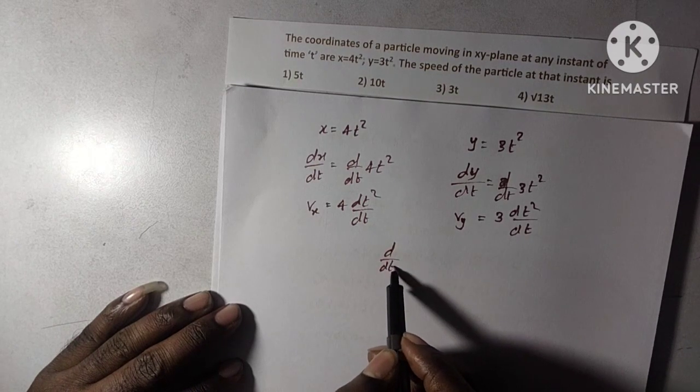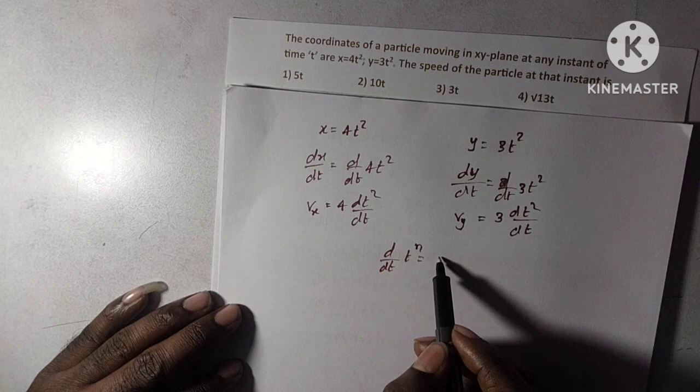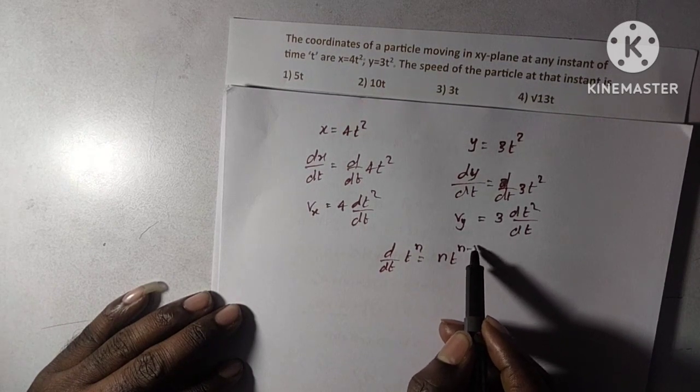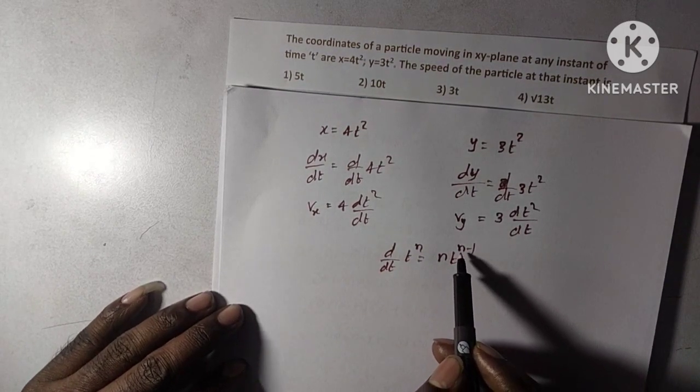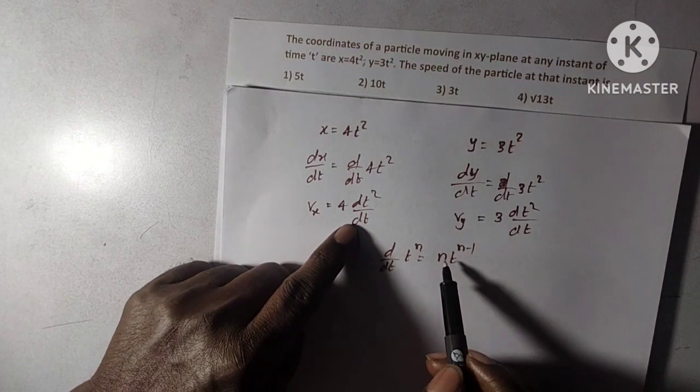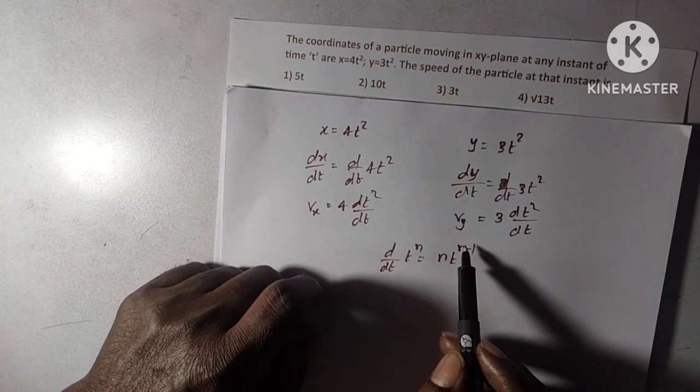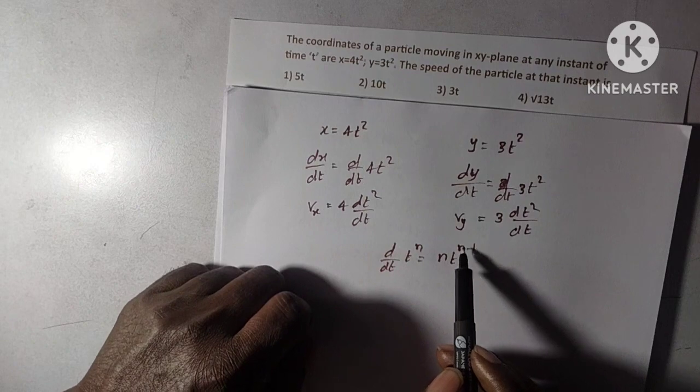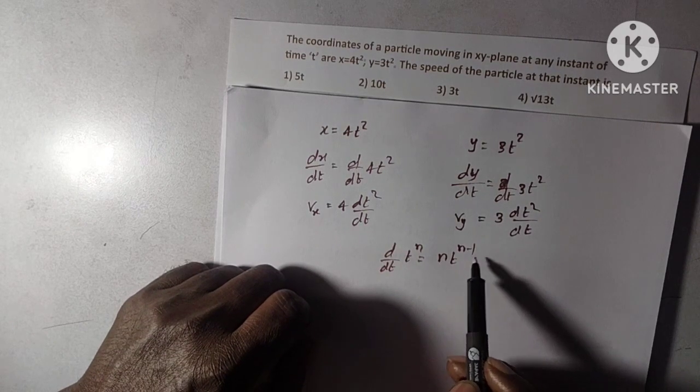d/dt of t^n is equal to n times t^(n-1). So the exponent is decreased by 1 when differentiating, and the exponent value comes down and multiplies the whole term.